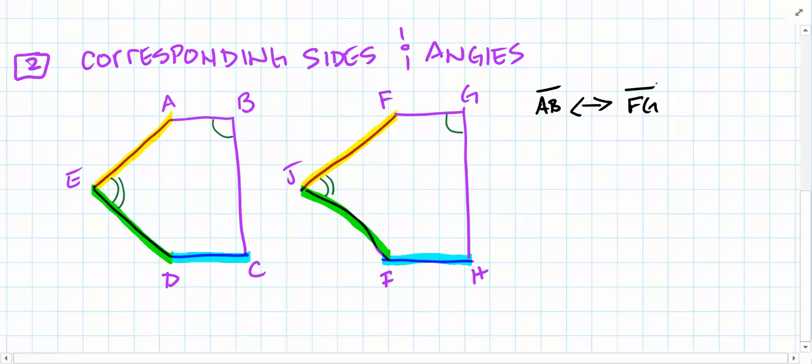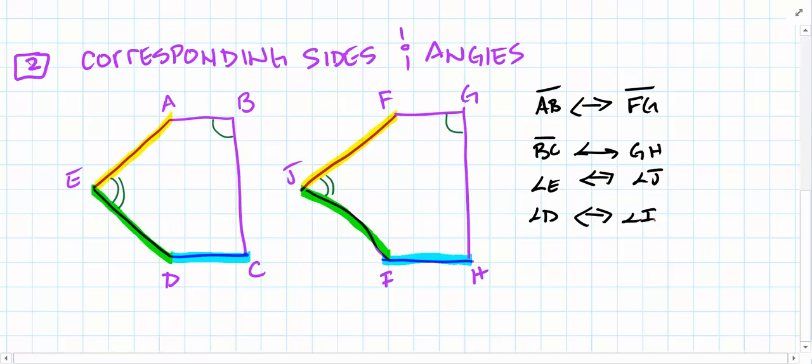What does BC correspond to? GH, very good. What does angle E correspond to? Angle J, very good. And what about angle D? What does that correspond to? Angle I, right? I could keep going until I figure out all of these things. But the whole idea here is that if the figures are congruent, then corresponding sides and angles are also congruent.